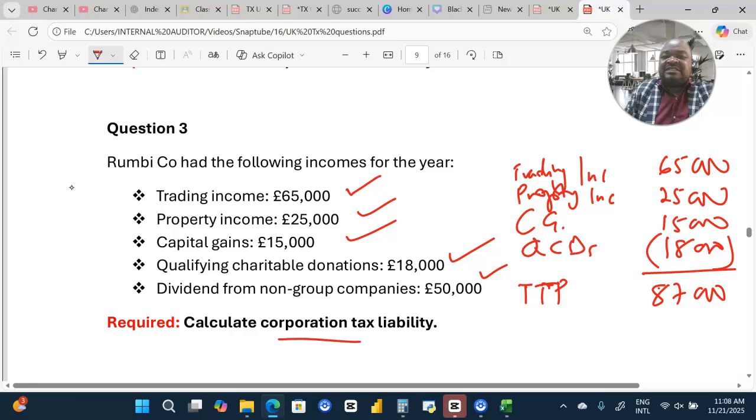Then we add the dividend from non-group companies. This was 50.